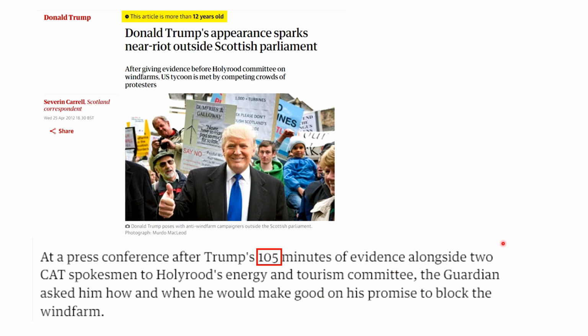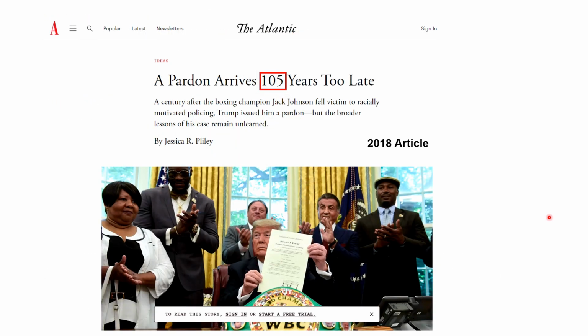Something to do about his golf courses or something like that. But there's 105. Here, a pardon arrives 105 years too late, issued by Donald Trump, and this was for Jack Johnson.